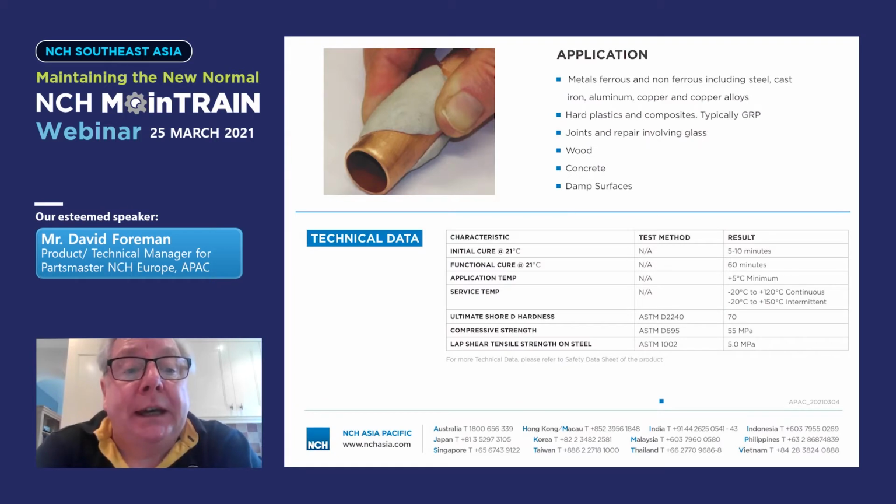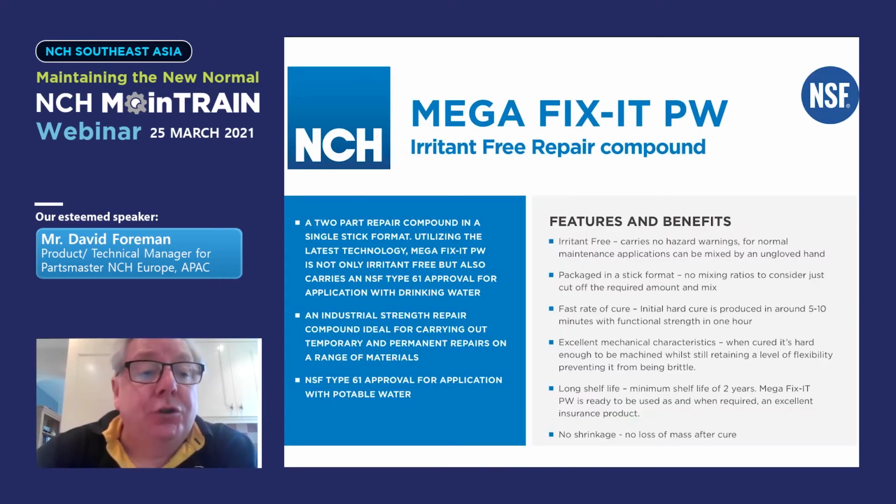You would use it in conjunction with our pipe repair bandages to basically fill badly corroded areas or holes within a pipe, and then you would apply a bandage over the top of that. But as you've seen, it can be used for many, many other applications as well. And just to underline here, it has an NSF Type 61 approval, and that is for applications with potable water.